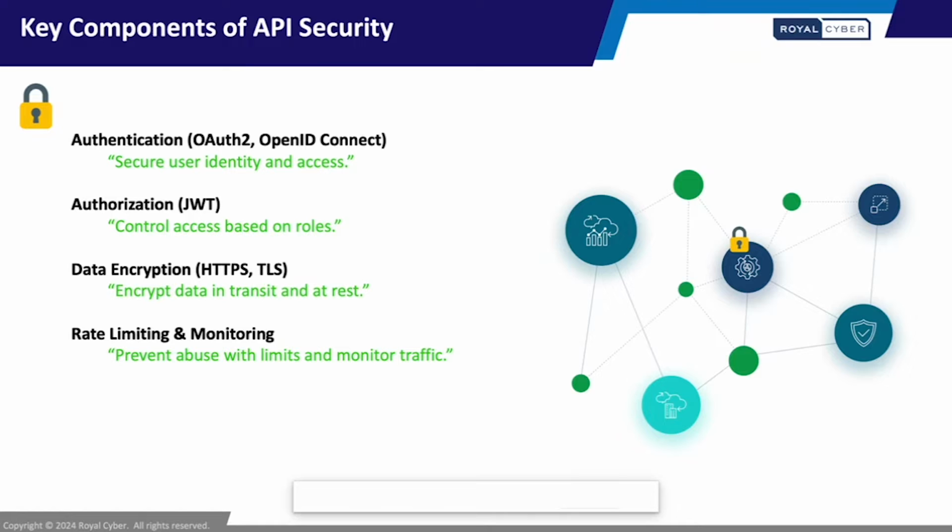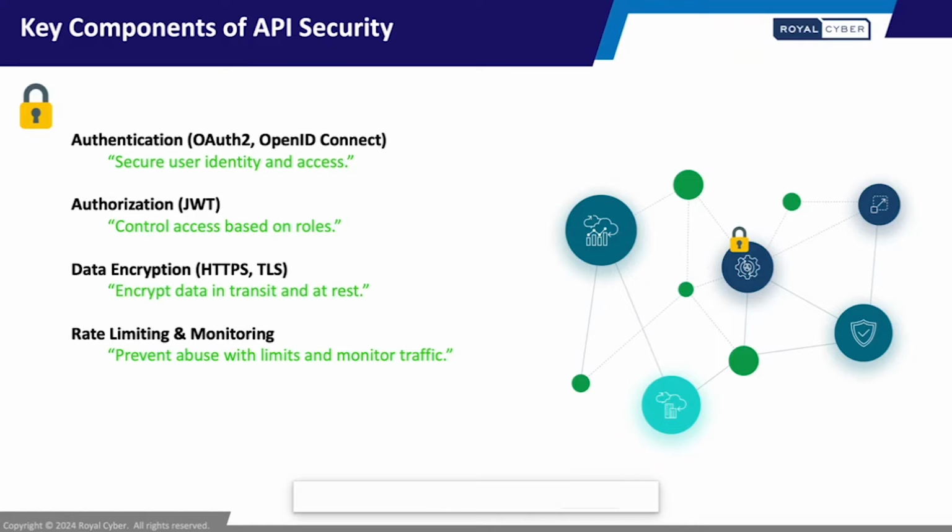And then we have data encryption, which is secured through the HTTPS mechanism, TLS or mutual TLS. So API communication needs to be protected both while the data is being transmitted and when it is being stored. So both HTTPS, TLS and mutual TLS protocols ensure that sensitive data remains encrypted and secure at all times.